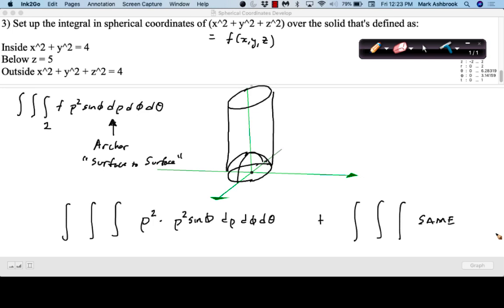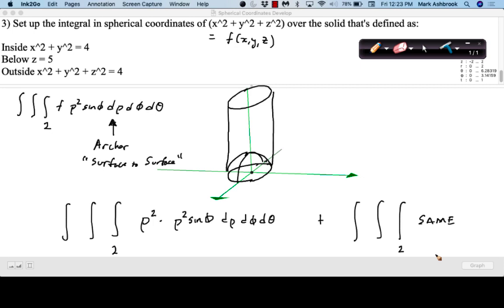Okay, so we said in terms of rho, firing the arrow from the origin, it always enters the solid through the sphere, right? So it's going to be 2 here and 2 here. But then, depending on the range of angles phi, we're going to have a different exit point. Sometimes for low values of phi, it's going to be z equals 5.